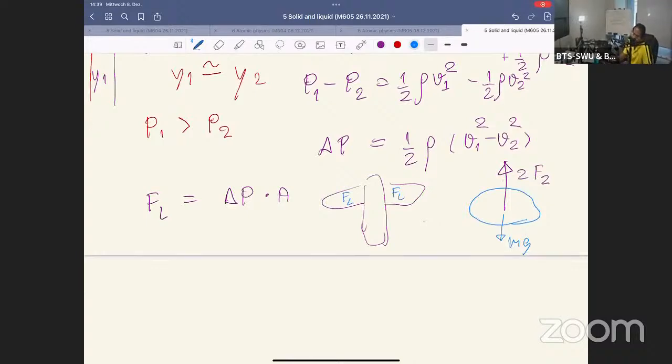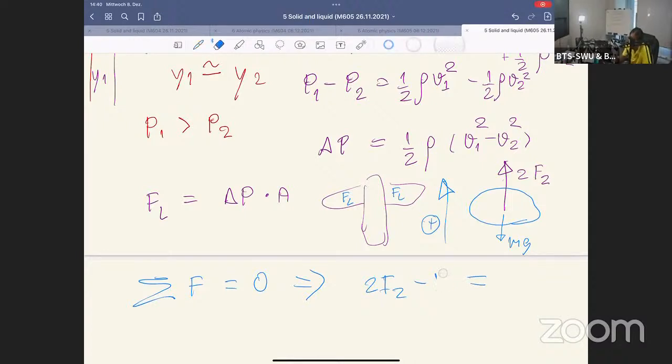And the question is, what is the mass of this airplane? We are gonna say from Newton's first law, sigma F equals 0. Let's say going up is positive, we would have 2FL minus W, or mg, sorry, mg equals 0.